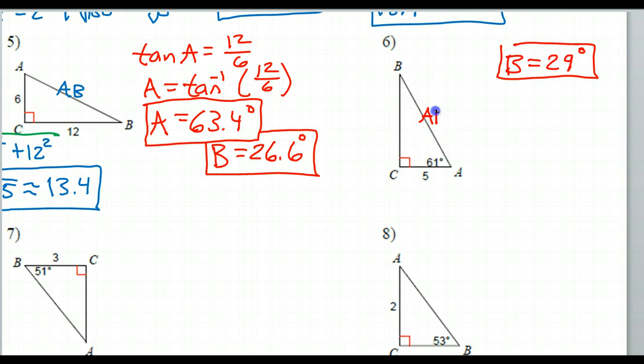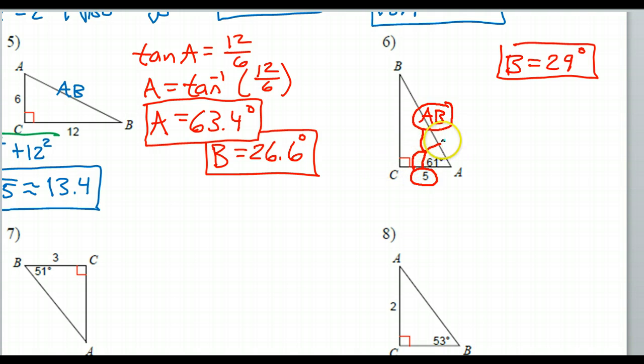So here's side AB. Looking at the angle and looking at side AB and side 5, what we have here is adjacent and hypotenuse.